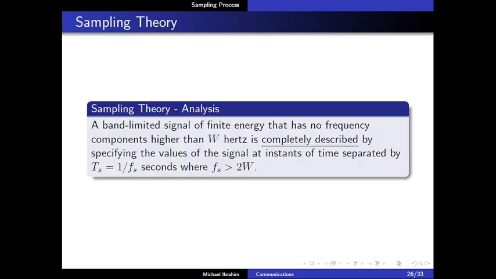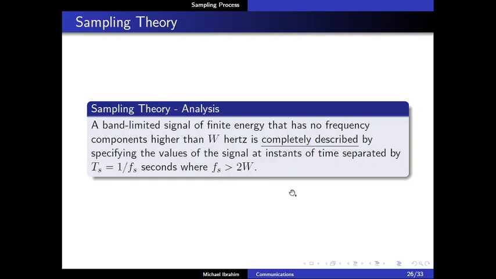But before we do that, let's summarize what we have. So the sampling theory basically says that a band limited signal that has no frequency larger than W is completely described by specifying the values of the signal at instances of time separated by Ts, which is 1 over Fs, and Fs is chosen to be larger than 2W.